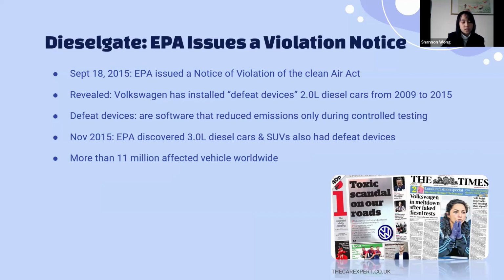In November 2015, the EPA also discovered that these devices were installed on the 2014 to 2016 3.0-liter diesel cars and SUVs. In all, the defeat devices were used in 11 million diesel vehicles worldwide.